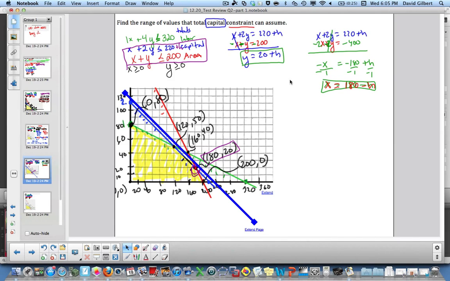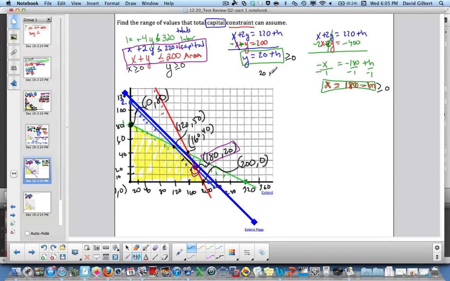Alright, now we do know, just like before, that the y coordinate definitely has to be positive and the x coordinate has to be positive. Those are limitations on our system. Okay, so that's the same as before. So I know that this has to be more than or equal to 0, and this has to be more than or equal to 0. It has to be positive.